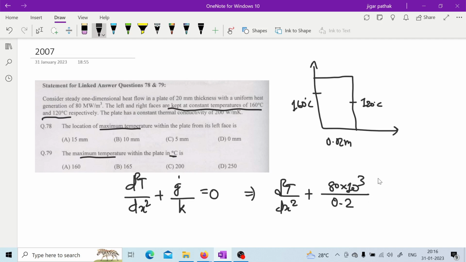Because this k is provided as 200 watt per meter Kelvin, and we are considering kilowatt, so I am writing 0.2. Clear? Here it is in megawatt, and here it is in watt only, so I am converting it into kilowatt, and here also converting to kilowatt. Are you getting?